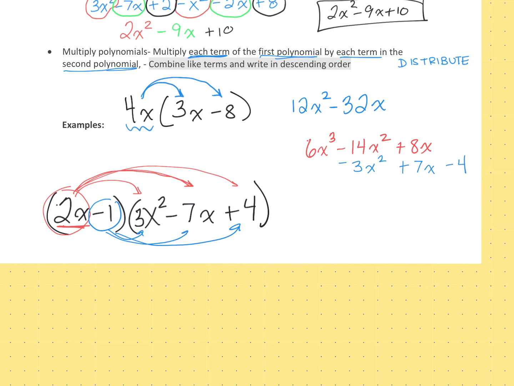It's not necessary to do that. You can write it as a big long chain, but it's a little bit easier to collect our like terms. Minus 14x squared minus 3x squared is minus 7x squared. Here we'll get 15x and minus 4. So that is how you multiply polynomials.